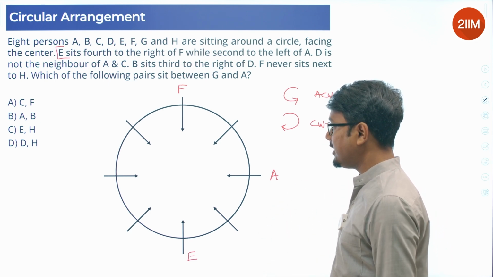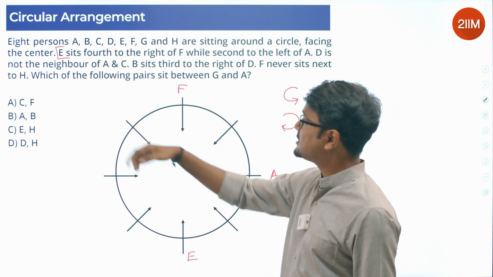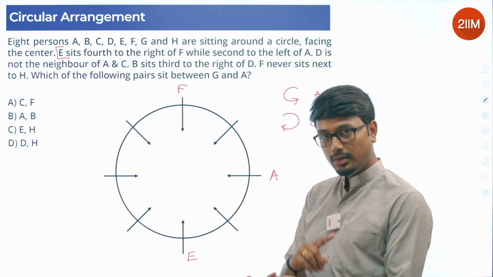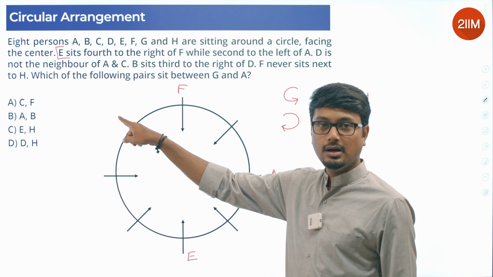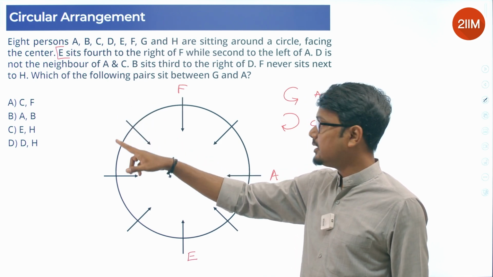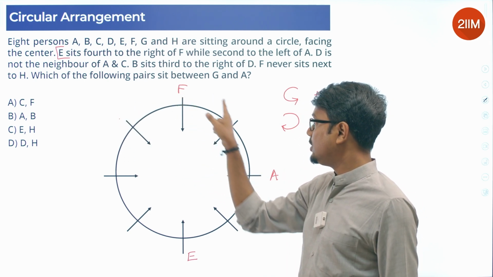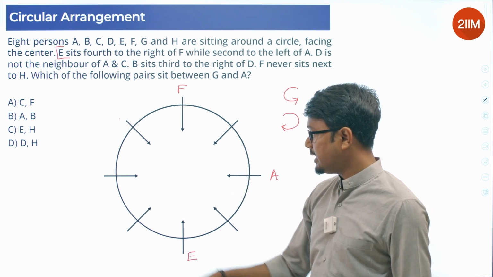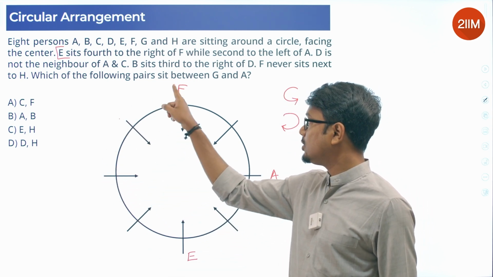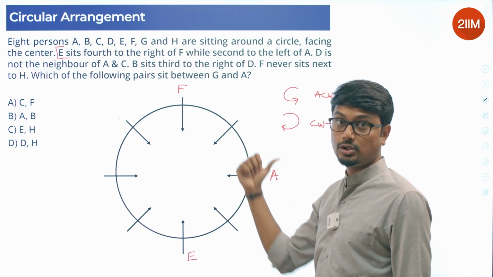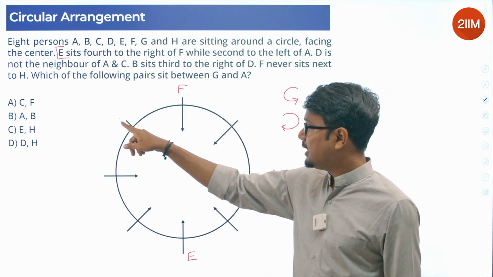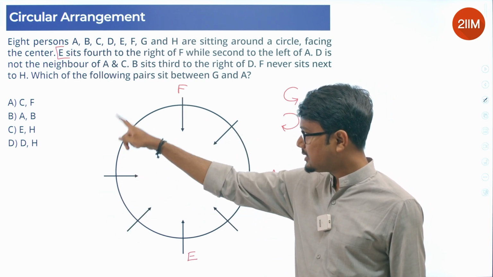If I fix B here, B sits third to the right of D. Other way around, if I fix B here, third left of B should be D. So if I fix B here, 1, 2, 3, not possible. If I fix B here, 1, 2, 3, this is D. D should not sit here. So D should be seated anywhere else.